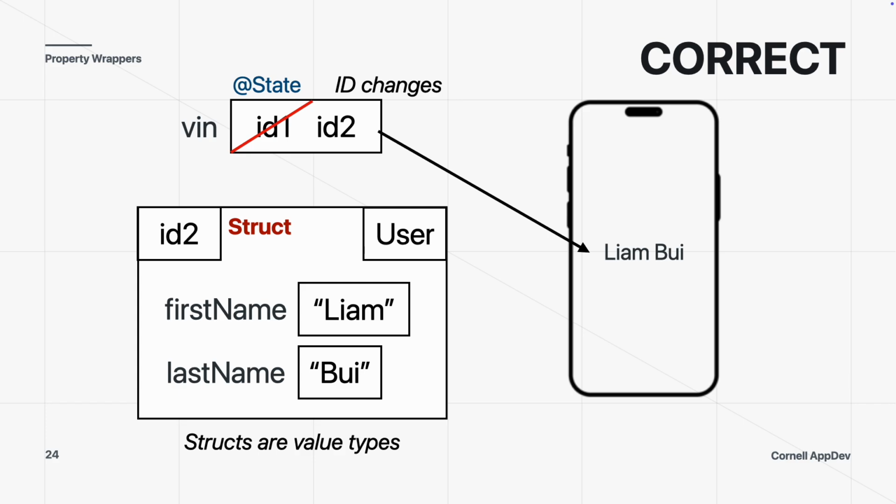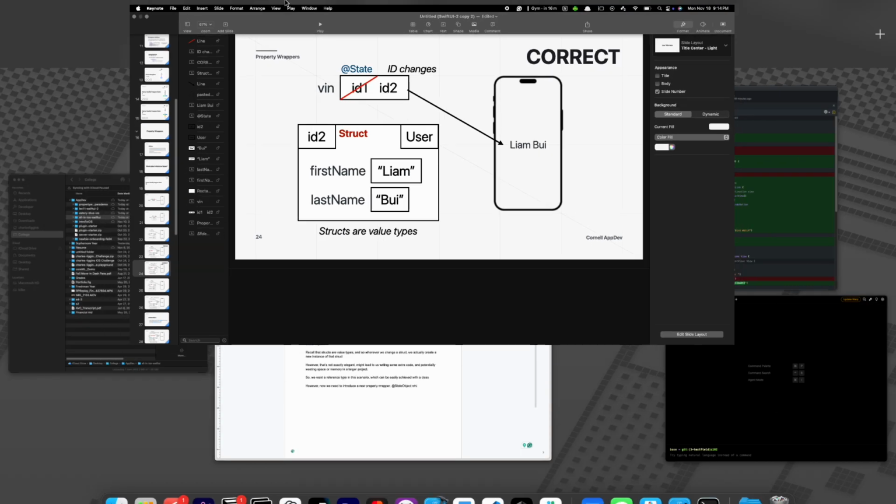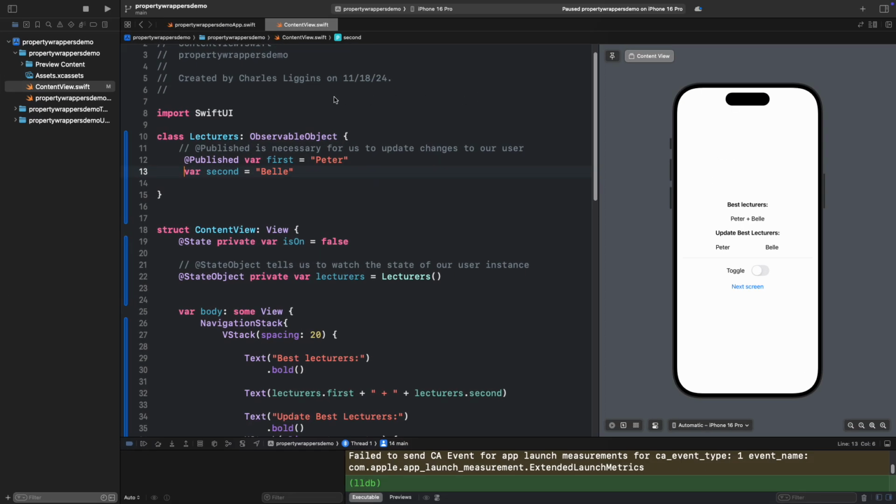So when I actually change a value on that struct, it's creating an entirely new struct, and I don't really want to do that. Does that make more sense?